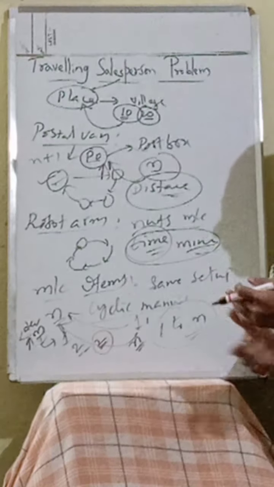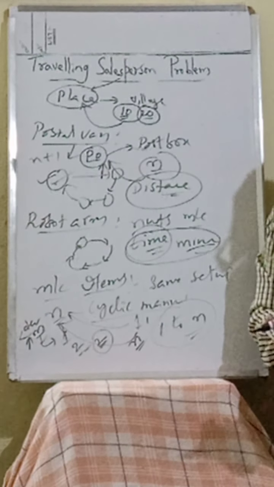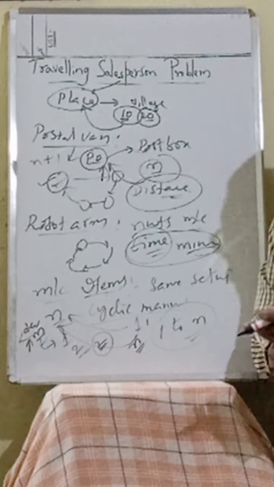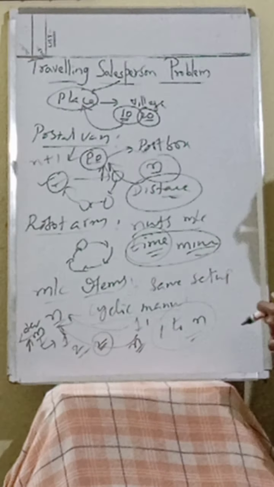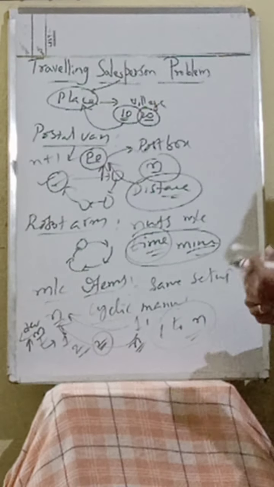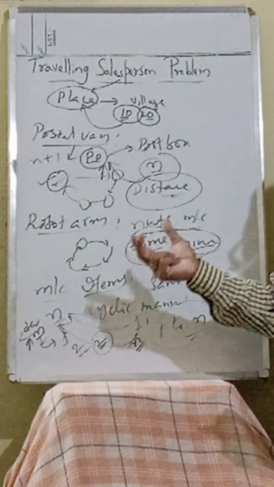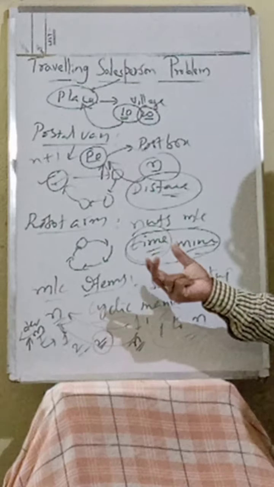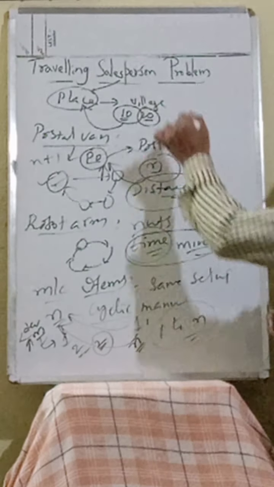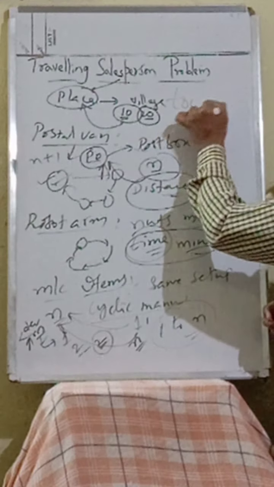In that particular graph, the nodes may be cities, or other items like nuts, or post boxes, or you can consider any item as a node. But the ultimate aim here is to calculate the optimal path from the source node to all the remaining nodes, and finally reach the source node again, because the ultimate aim of the traveling salesperson problem is calculating the optimal tour.